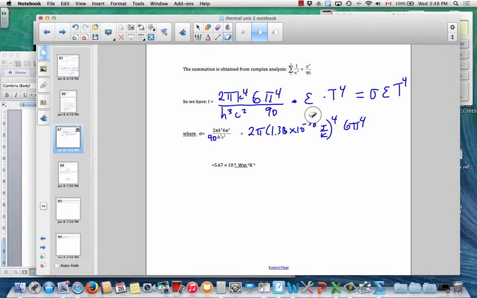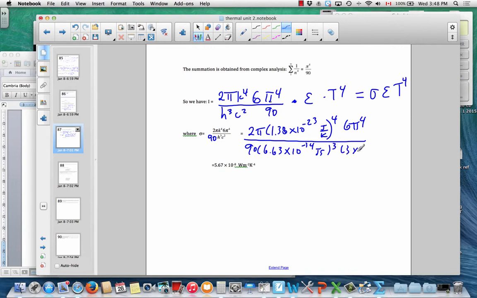It's 1.38 times 10 to the minus 23. And then in the denominator, we've got 90. Then we've got Planck's constant, 6.63 times 10 to the minus 34 joule seconds cubed. And then we've got 3 times 10 to the 8th meters per second squared.